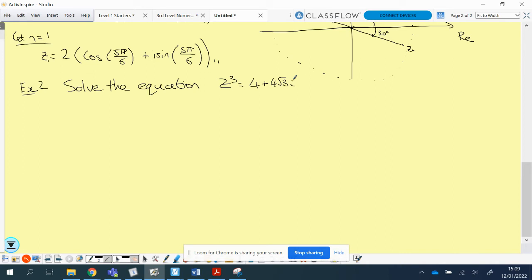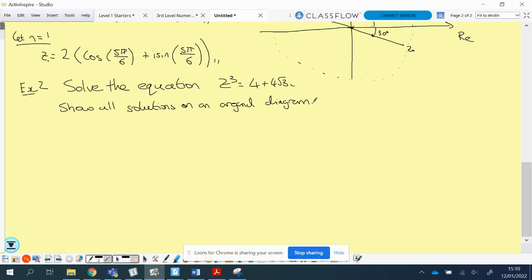Show all solutions on an Argand diagram. Okay, so that's our question. We're going to solve that there.